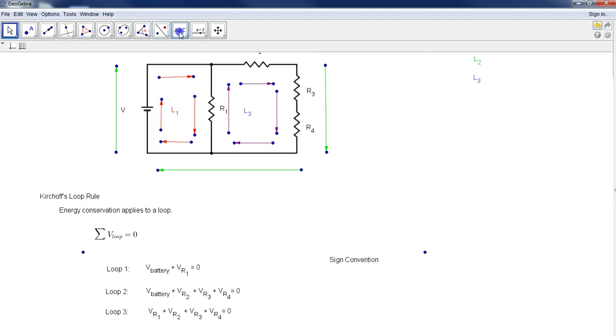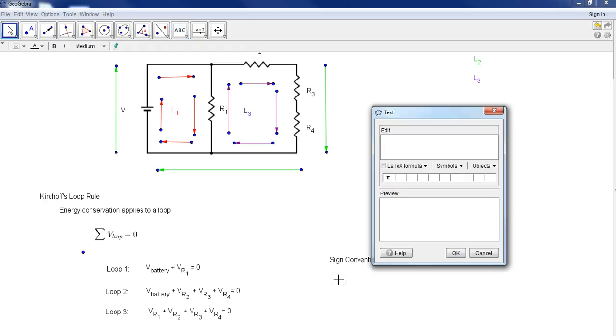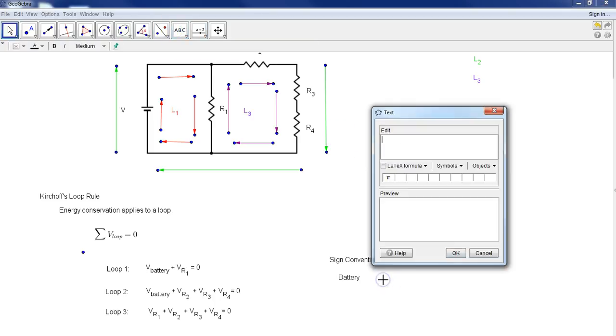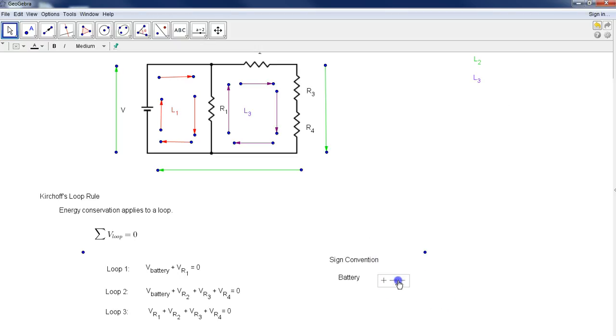So for the battery, when you cross it from plus to minus, we're going to assign that a negative value.